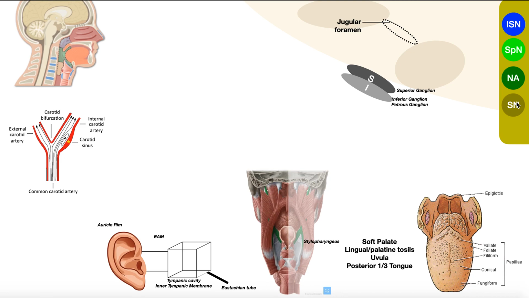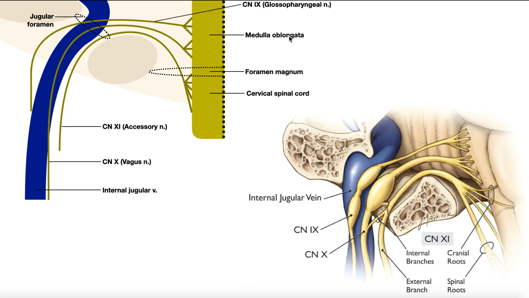To form the entire glossopharyngeal nerve, each of these nuclei is going to have contributions. So you might get some roots from the solitary nucleus, some roots from the nucleus ambiguus, and so on and so forth. That's what these little roots are meant to show. They combine into one glossopharyngeal nerve that will exit through the jugular foramen.